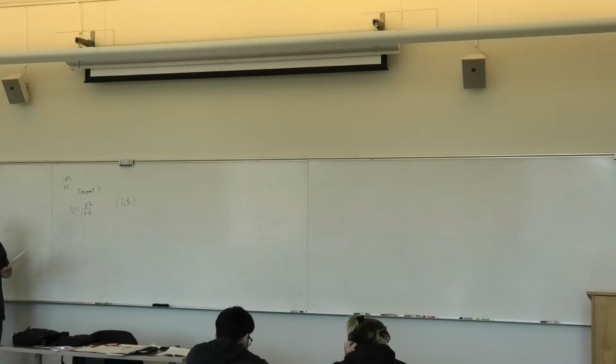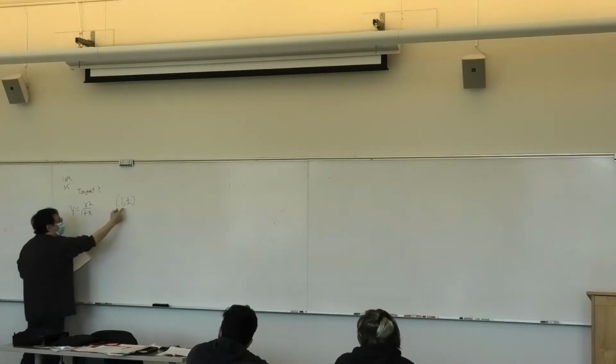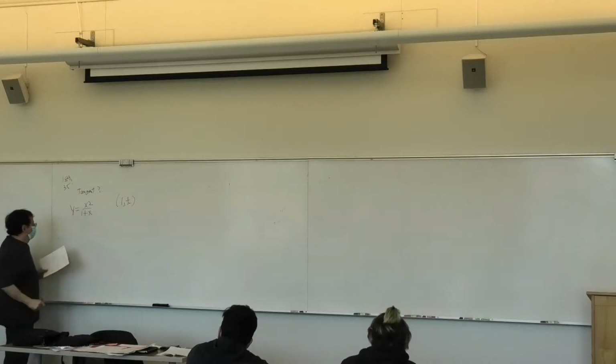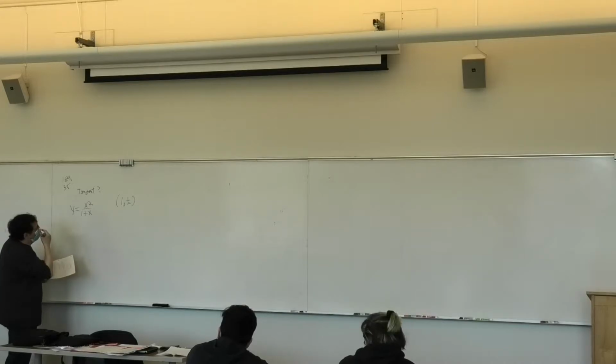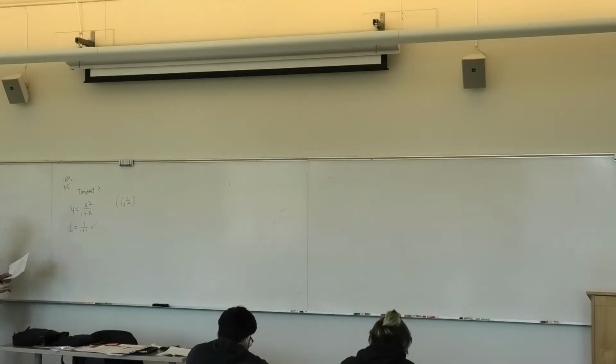Well, I think I've said this before. It's always a good idea to verify that this point is actually on the curve. If Stewart writes it, there probably won't be a mistake, but if I write the problem, there could be. So what have we got? We've got 1/2 equals 1 over 1 plus 1. Check. That was easy.